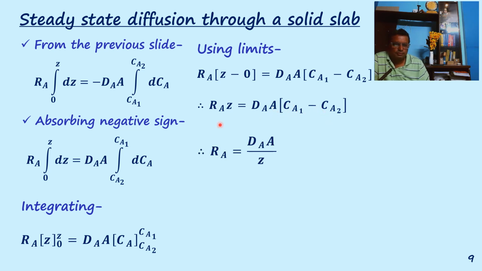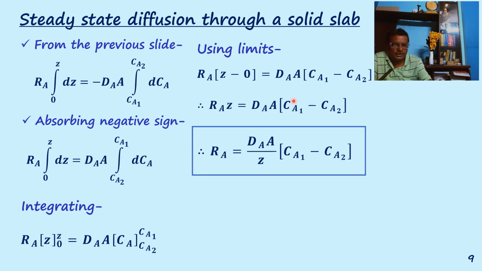In the next step, we can take z to the other side, that is the right hand side. So you have Ra is equal to dA into A divided by z, then into Ca1 minus Ca2, and that is the final equation that will give us the rate of diffusion through a solid slab at steady state.